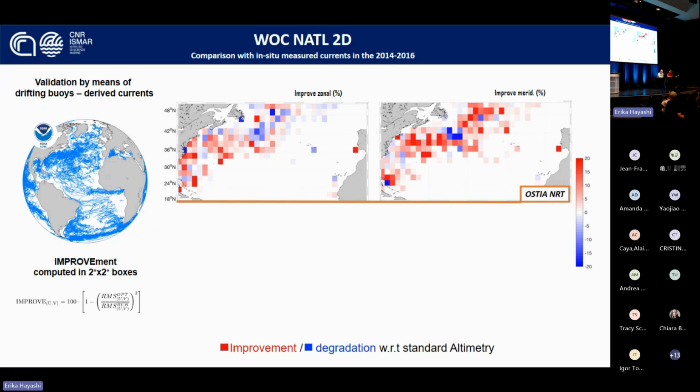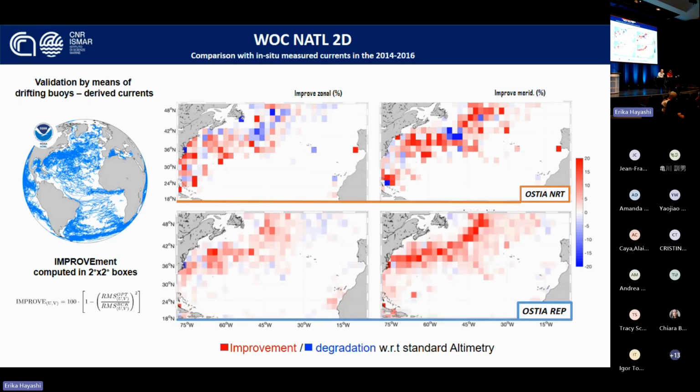On top, you see the results based on the OSTIA near real-time level 4 SSTs, and below you see the corrections with the OSTIA reprocessed product. And the improvement brought by the reprocessed product is quite significant in this time period.